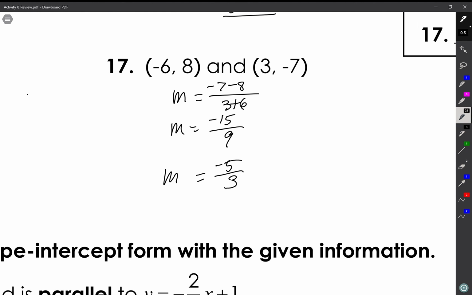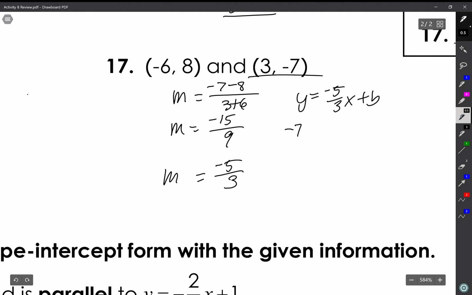All right, so now we plug that into our slope-intercept to get y is equal to -5/3 x plus b. How about we choose 3 and -7? So -7 for our point we plug in, and then we have -5 over 3 multiplied times 3 plus b.